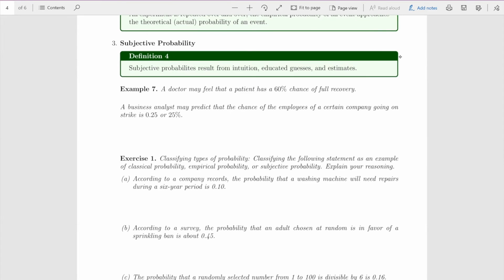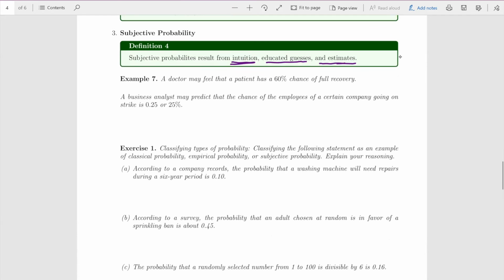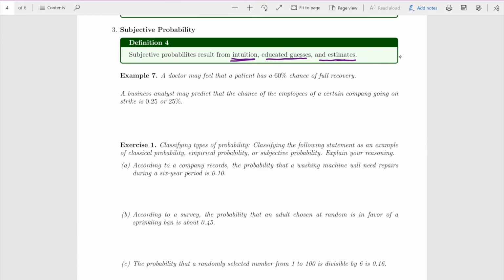Okay, so the last type of probability is subjective probability. Subjective probabilities result from intuitions, or educated guesses, or from estimates or prior experience. Some examples of subjective probabilities are: a doctor may feel that a patient has a 60% chance of full recovery.